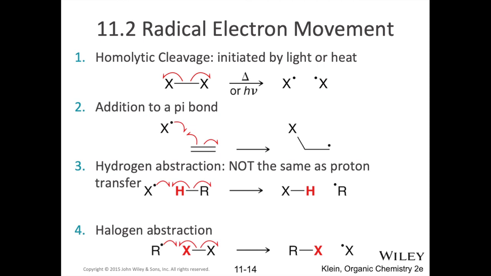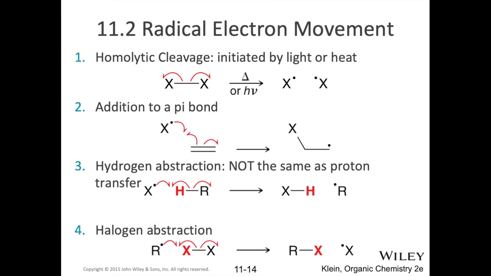So the first one we've got is homolytic cleavage, and that's something we've seen before. It's where a bond breaks and each of the two electrons in your covalent bond, one goes to each atom that was involved in that bond, and you get two radicals. All right. Now, what usually gets this going is energy provided either in the form of heat or light.